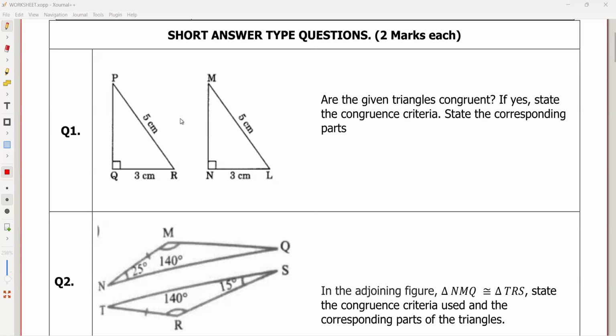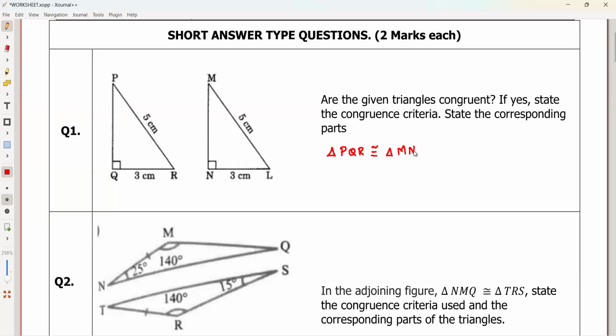First, you are telling these two triangles are congruent. Okay. How do you write the congruency of triangles? If I write triangle PQR is congruent to triangle MNL. Okay.